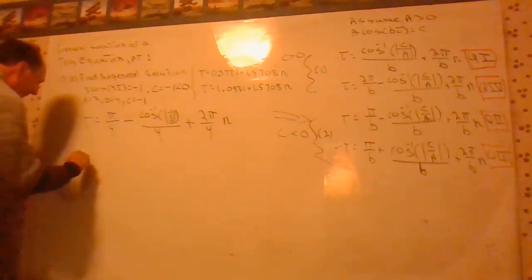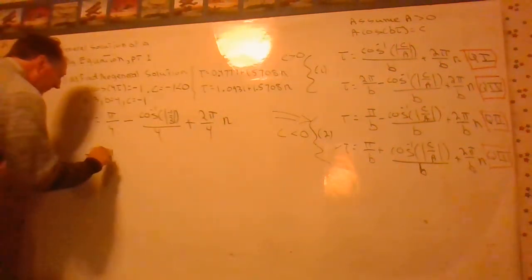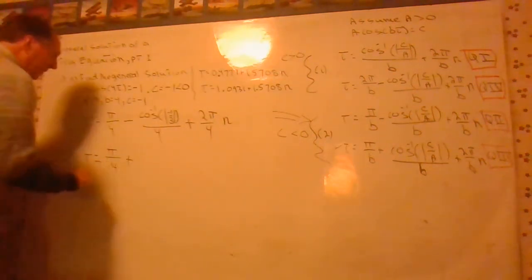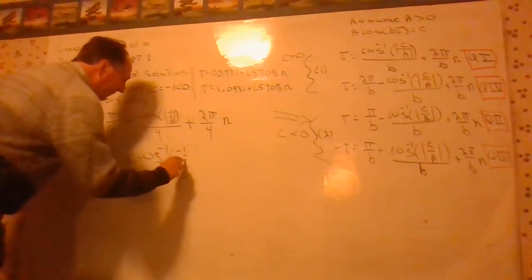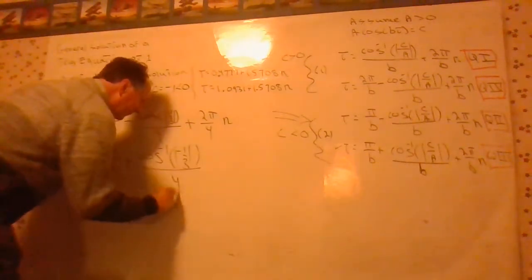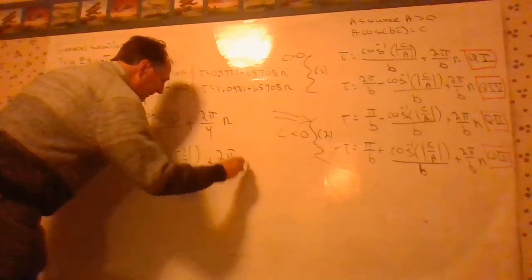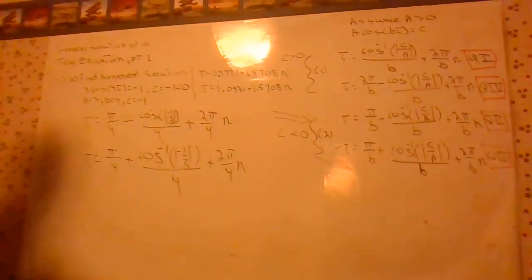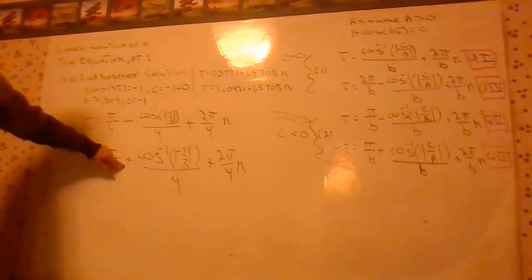And then we also have t equals pi over b, again b was 4, pi over 4 plus inverse cosine negative 1/3 absolute value divided by 4 plus 2 pi over 4n. You notice the only difference here is minus and plus right here.